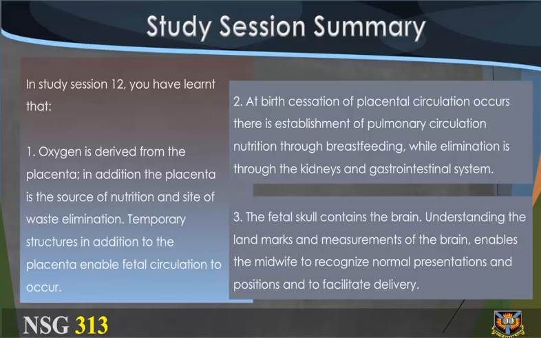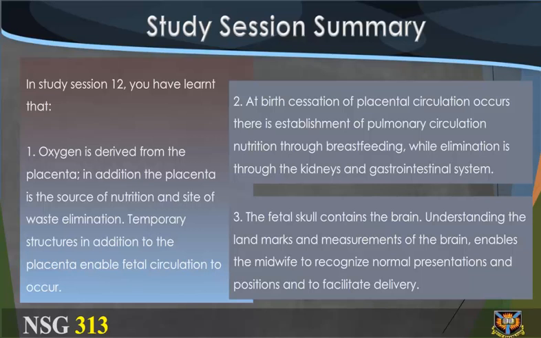Study section summary. In this study section, you have learned that 1. Oxygen is derived from the placenta. In addition, the placenta is a source of nutrition and site of waste elimination. Temporary structures in addition to the placenta enable fetal circulation to occur. 2. At birth, cessation of placental circulation occurs.